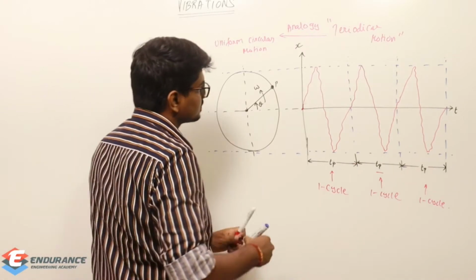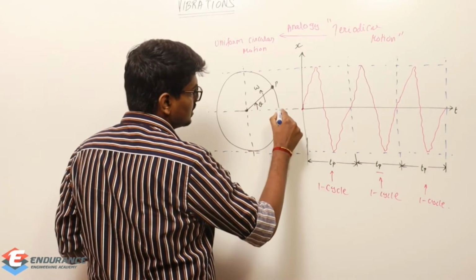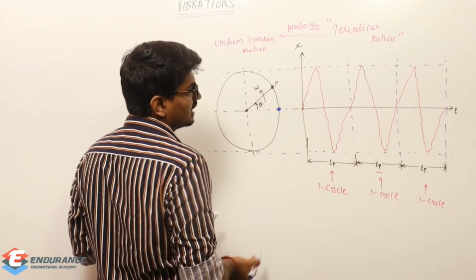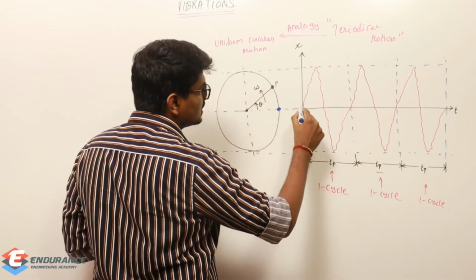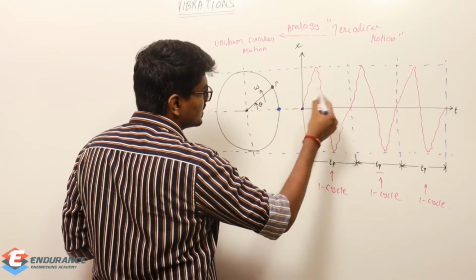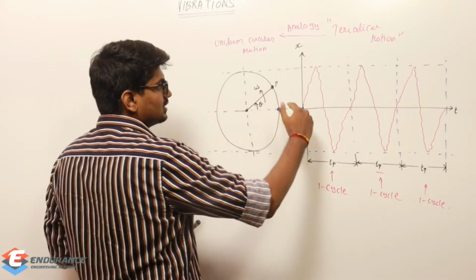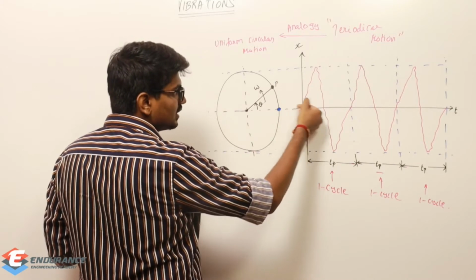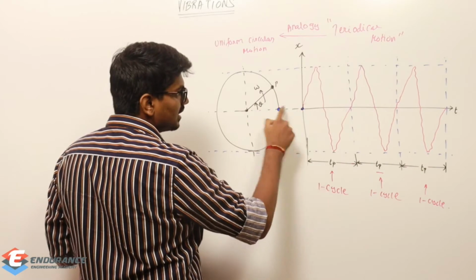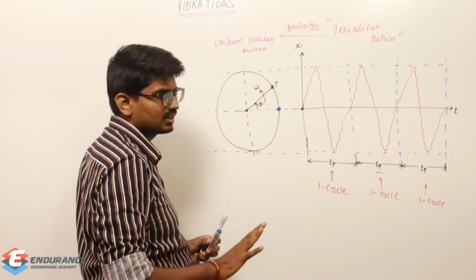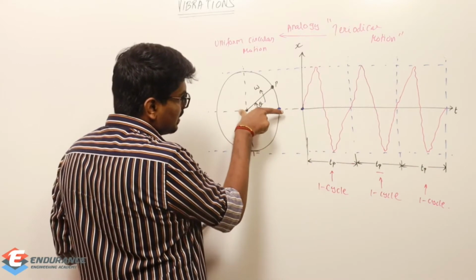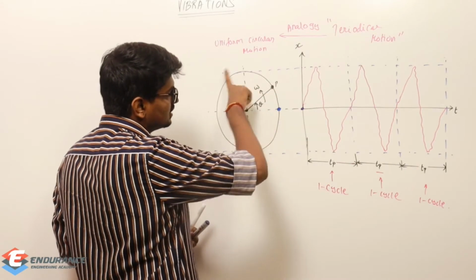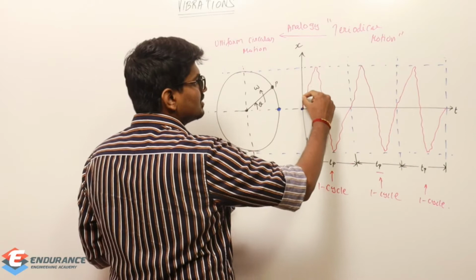Let me represent this. A particle is present here initially, in a circular motion, at this extreme. And as the particle moves, if I simply project it, if I simply see from this direction, this particle will be present here. As the particle starts rotating with a constant angular velocity, this projection starts moving here.